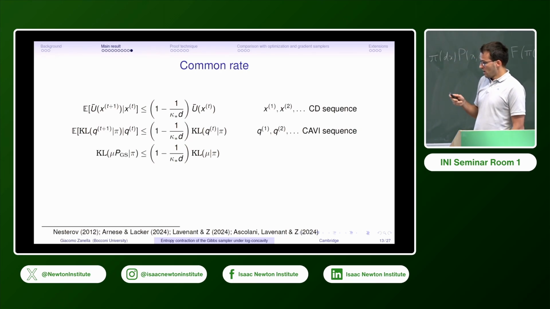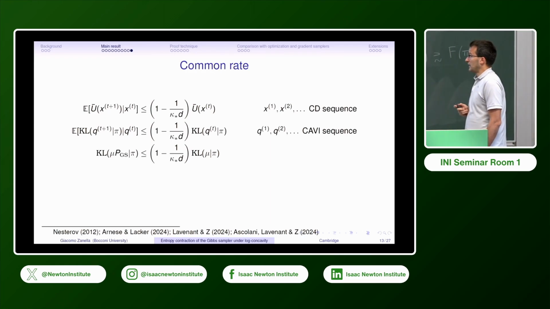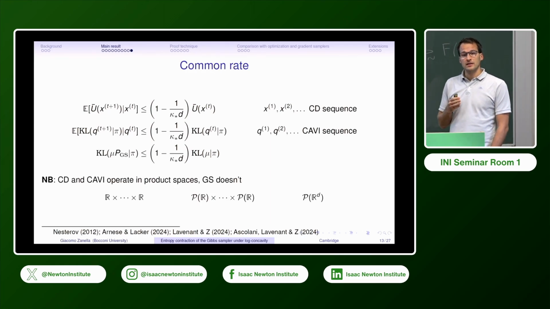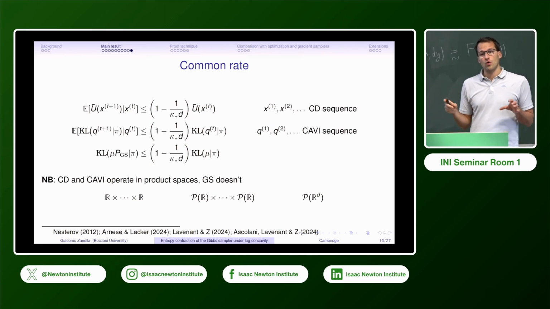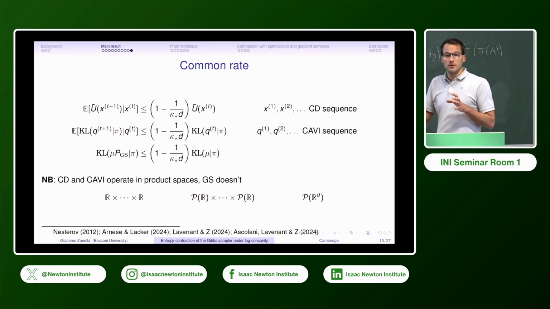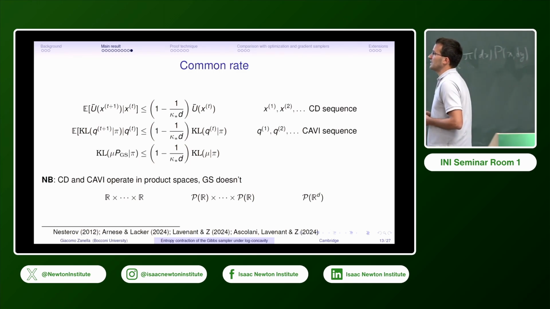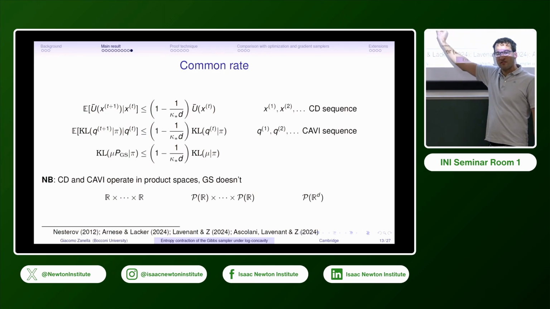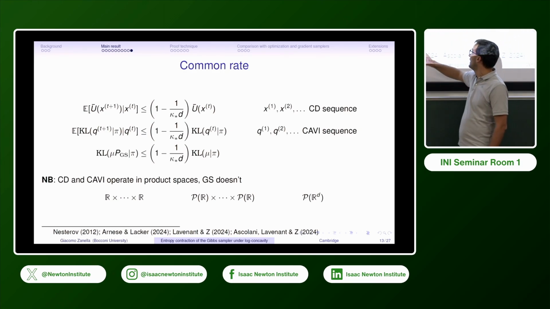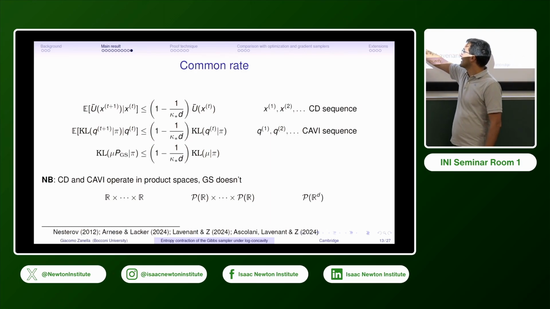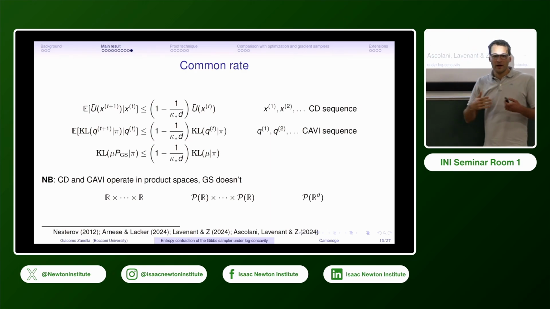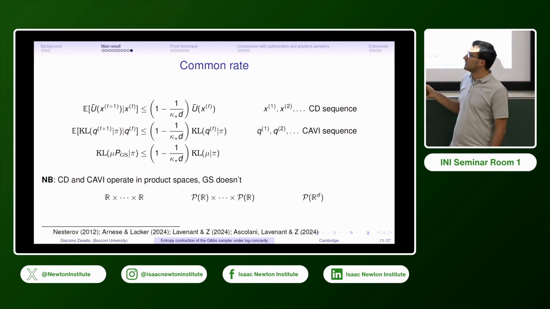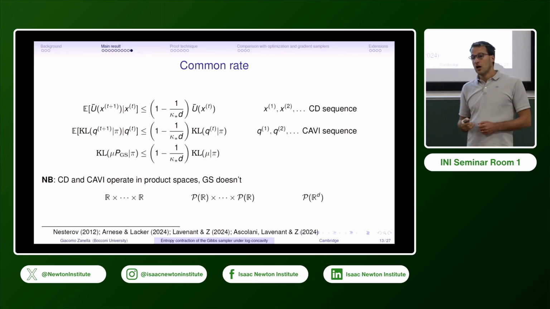Okay. What I want to highlight here is that the first two methods, so coordinate descent and CAVI, are really coordinate descent methods which operate in a Cartesian product space. Coordinate descent really uses the Cartesian product structure of R to the d and updates one variable at a time given the others. As I said before, CAVI really does the same kind of operation, working in the space of factorized distributions, but with the relative entropy as objective function.